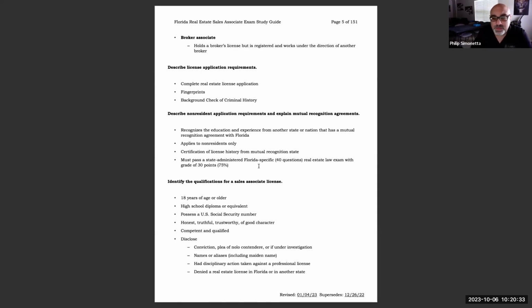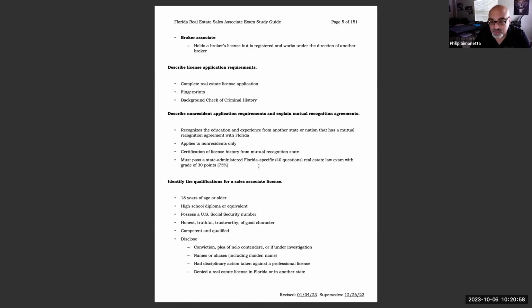Then you want to be able to identify qualifications for a sales associate license, and this is what you need to have to be approved. You must be 18 years of age or older, have a high school diploma or equivalent, possess a U.S. Social Security number, be honest, truthful, and trustworthy, of good character, competent and qualified.